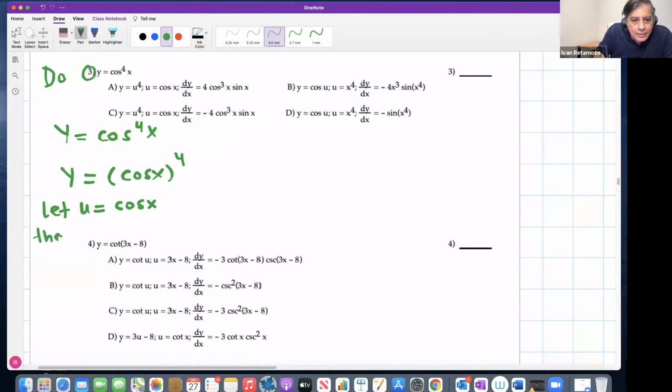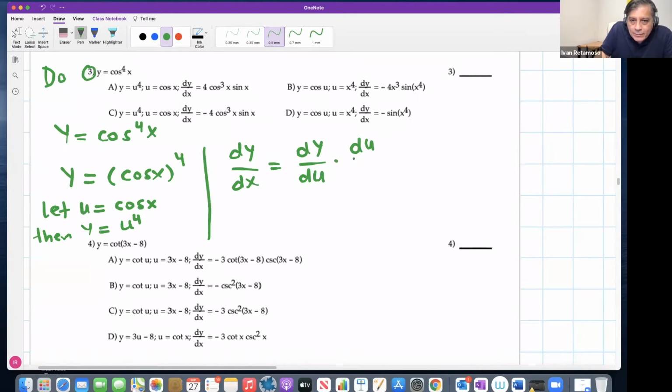Therefore your y should be u raised to the 4th power, right? With these two, find the derivative of y with respect to x as the derivative of y with respect to u times the derivative of u with respect to x. Go ahead and finish this, please.